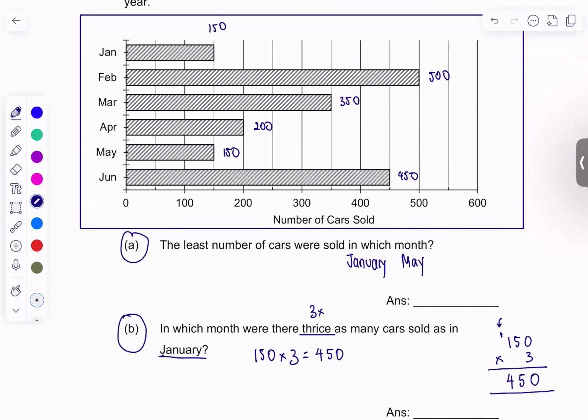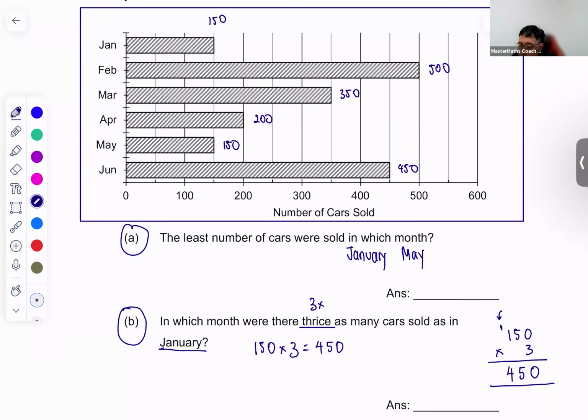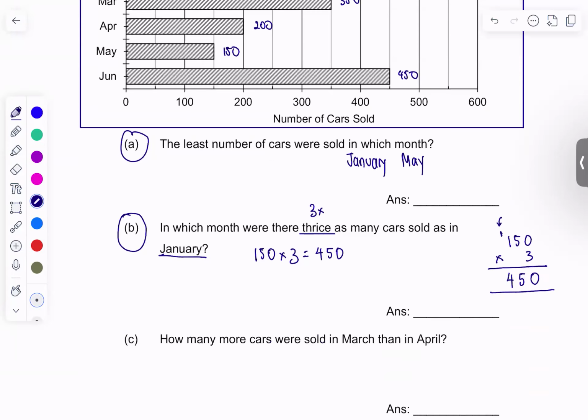January, and no, I'm looking for 450. June. June, correct. So it's June.